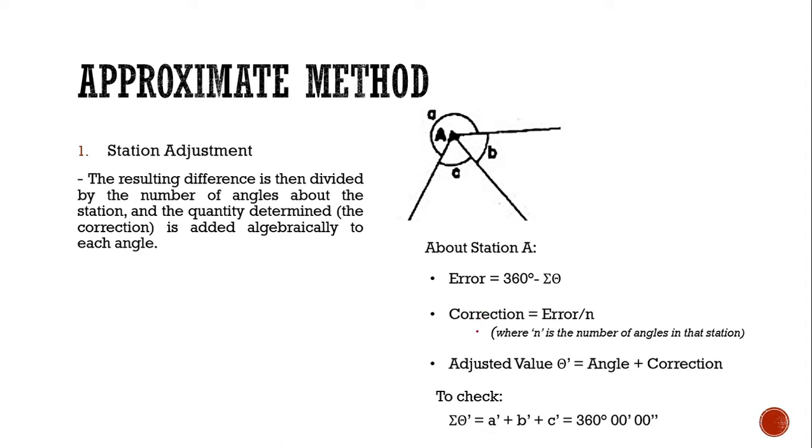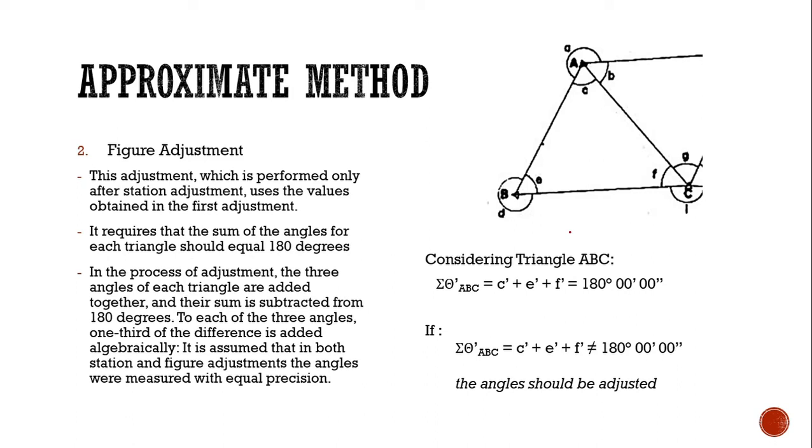So in this case, your correction should be equal to error over n, where n is the number of angles in that station. After that, this correction should be added to your angle to get your adjusted value of each angle. To check, you can then add your adjusted values and the sum of that should be equal to 360.